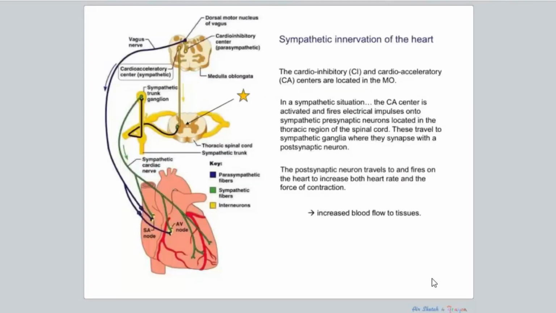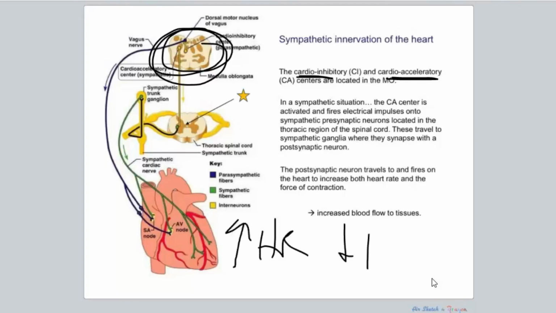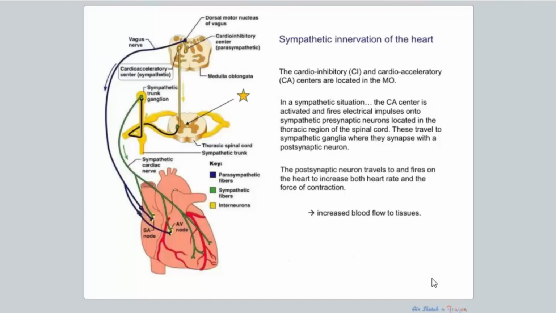Here's the sympathetic innervation of the heart, and we don't need to get into this too much, but basically, here's the medulla oblongata, and the medulla oblongata has cardioinhibitory and cardioacceleratory centers in it. So the medulla oblongata can choose to increase heart rate or decrease heart rate depending on the situation. And if we want to increase heart rate, it activates these sympathetic neurons.